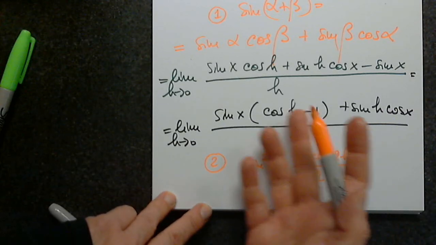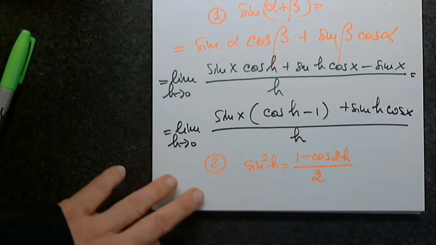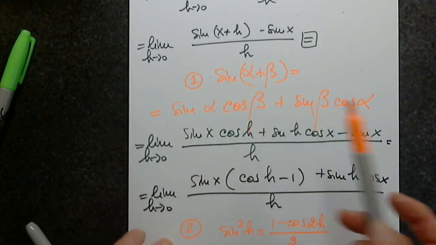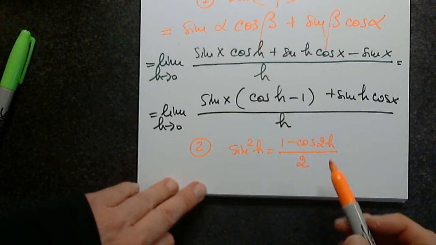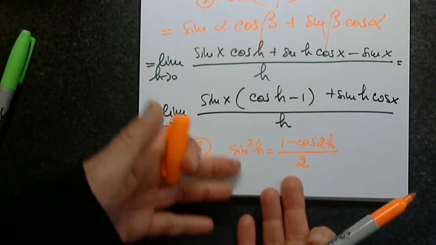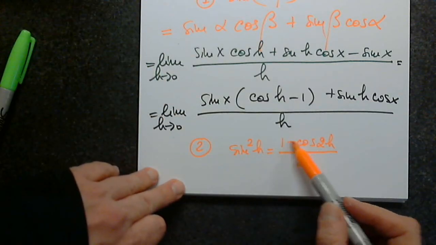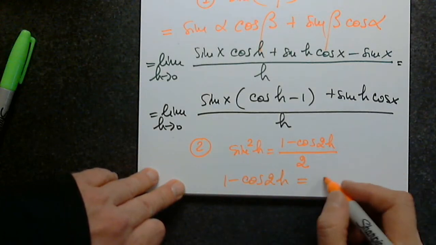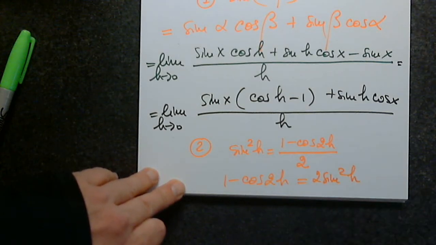I should have used alpha not h, to not confuse you. It's the general formula, but it's the same thing. So I'm going to cross multiply and write that 1 minus cosine twice h equals 2 sine squared h.